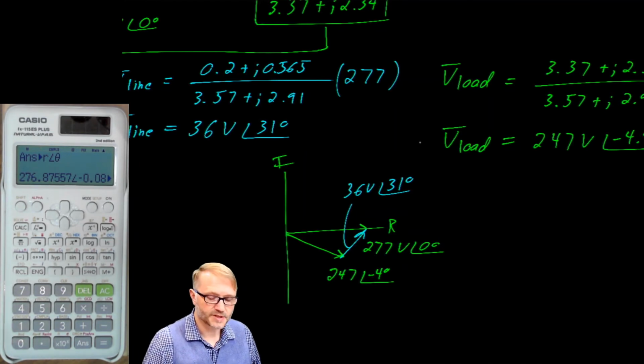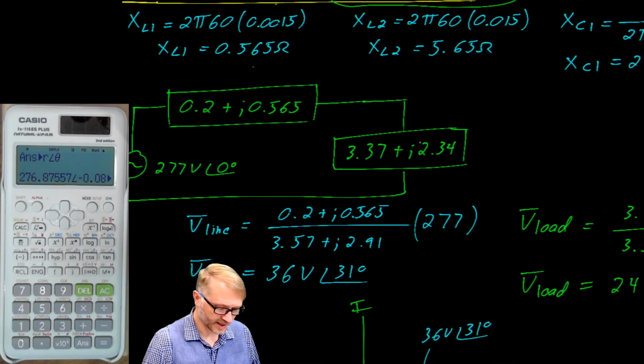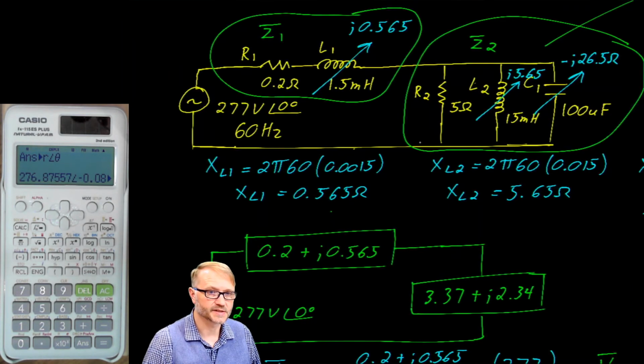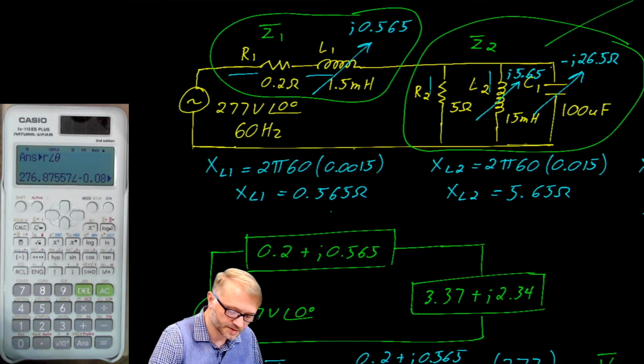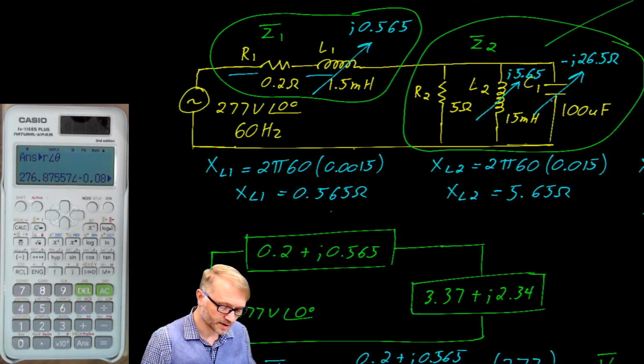Now that we know the voltage drops, let's go back and see if we can calculate the current in this circuit. For example, what is the current on R1? How about L1, R2, L2, and C1? What is the current through each component?